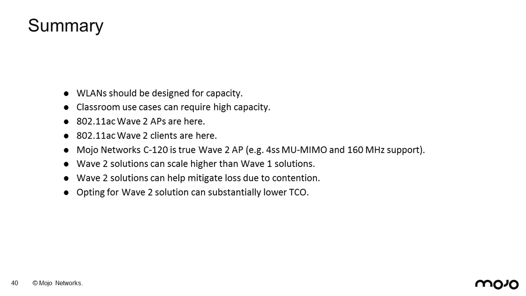I was in a webinar, I don't have the slide here, that we did jointly with Qualcomm. That webinar is available to you as well. Their testing showed a 2.6 times gain in aggregate performance with multi-user MIMO 1x1 clients versus single-user MIMO 1x1 clients.